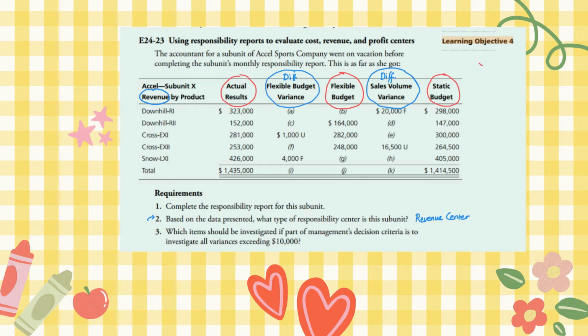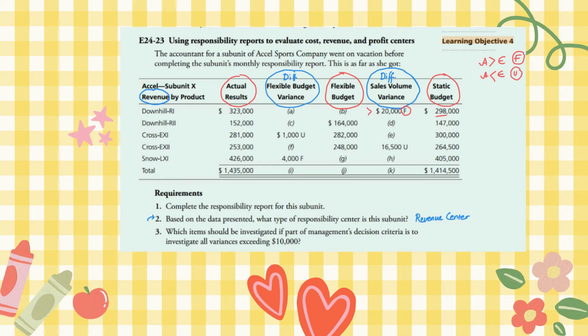So if I expected to get, for example, 5,000 revenues and I get 7,000, it's going to be favorable. But if I expected to get 7,000 but I got 5,000, it's going to be unfavorable variance. So when he says that it's favorable, it means that the 298 here was less than the flexible budget.